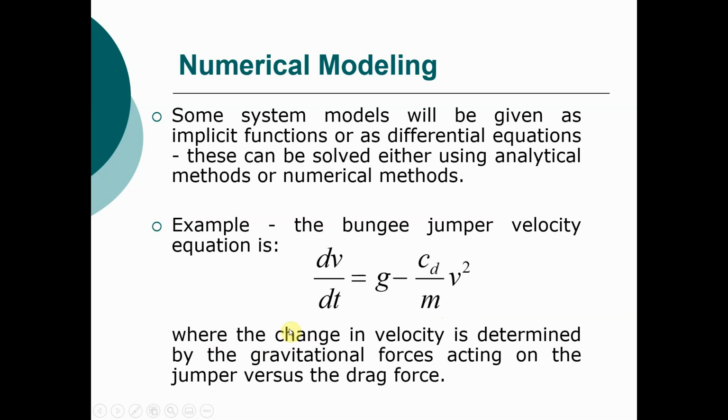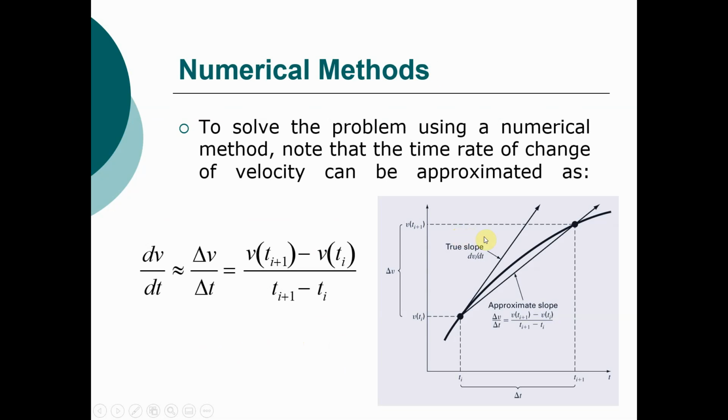In this equation, the changing velocity is determined by the gravitational force acting on the jumper versus the drag force, right? So that's basically showing a system being modeled as a dynamic equation, right?